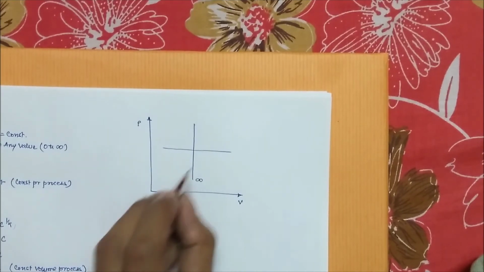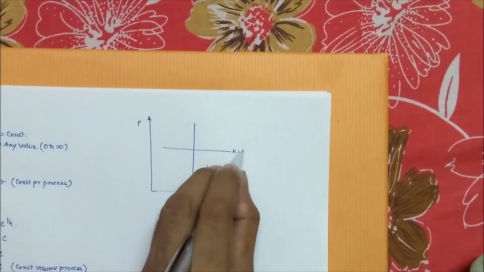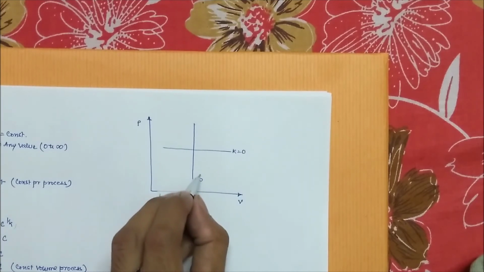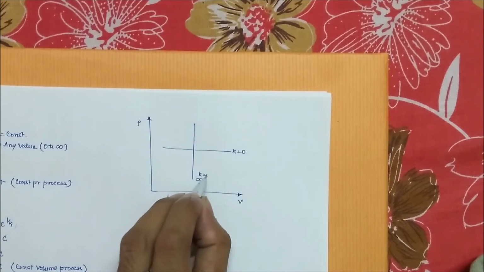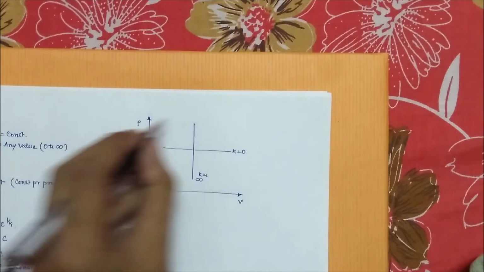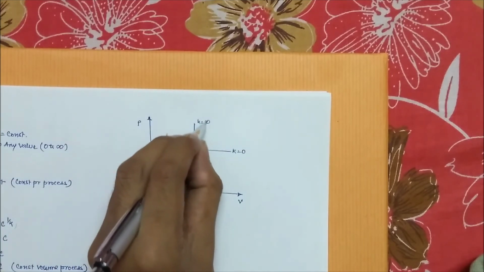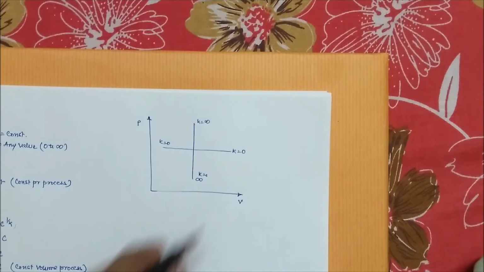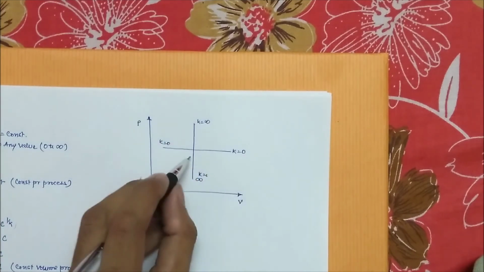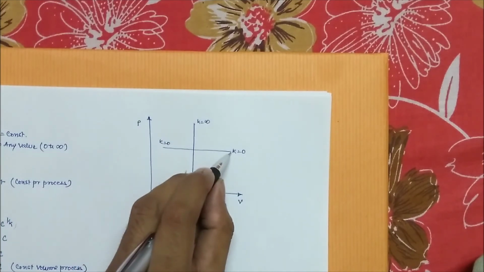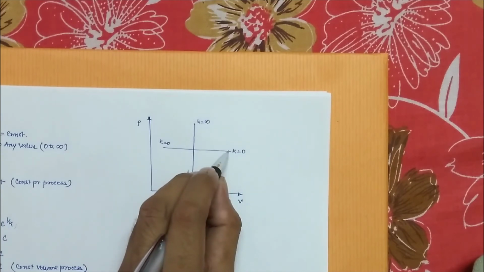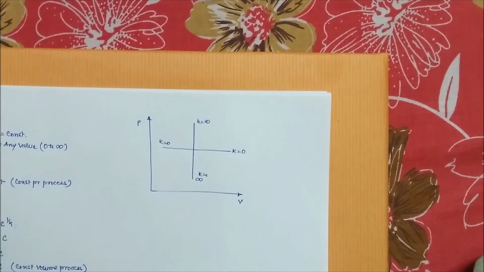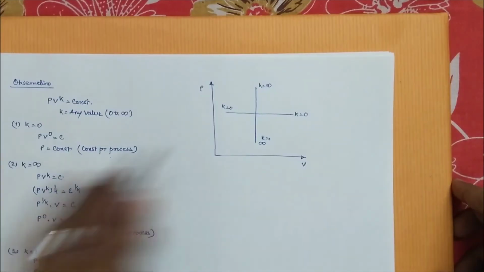Suppose we start from k equal to 0. When k equal to 0, it's a constant pressure process, right?